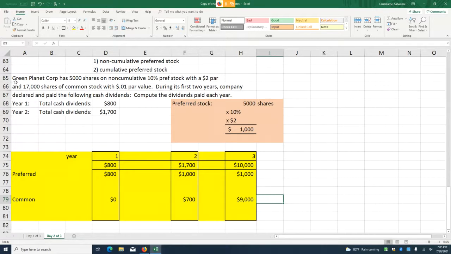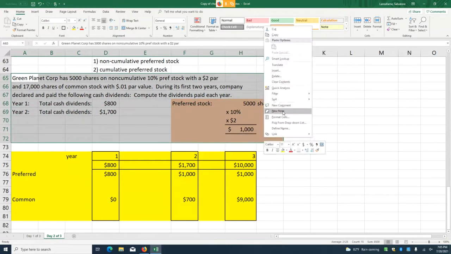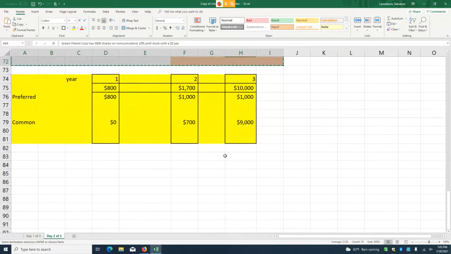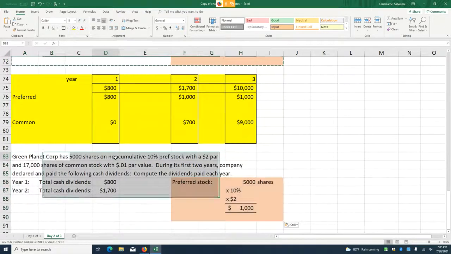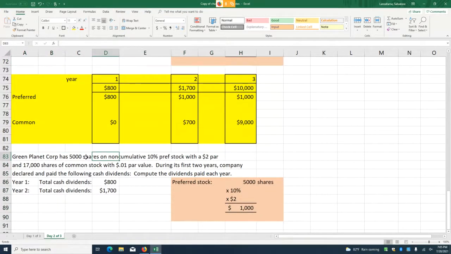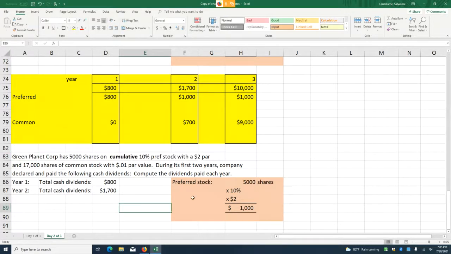Okay. So now I'm going to change the question just barely. I'm going to change it by saying now, instead of non-cumulative, the stock is cumulative. Just by getting rid of that word non, I made a huge change in the question.